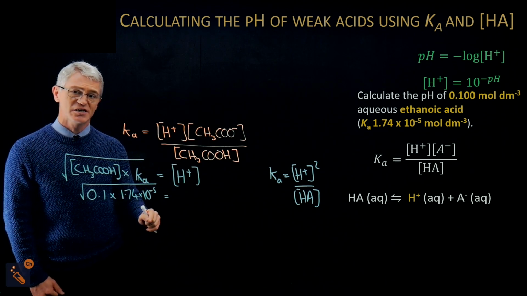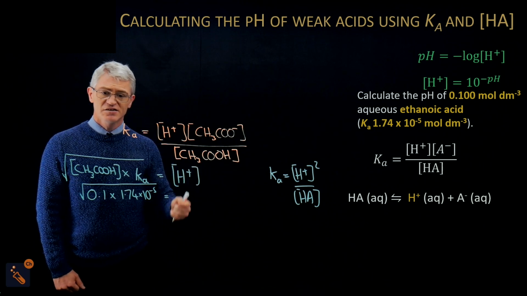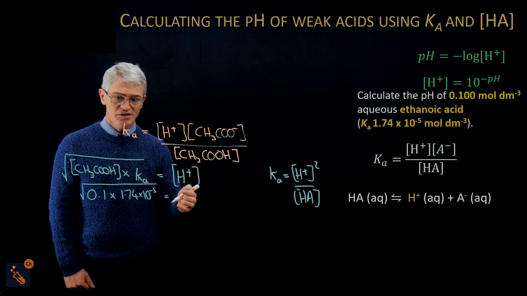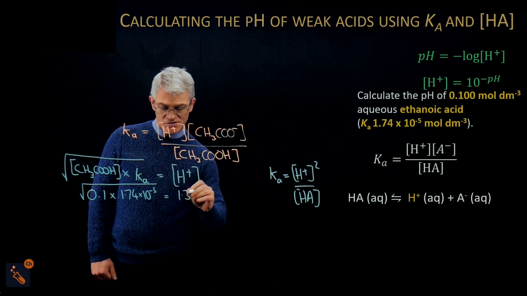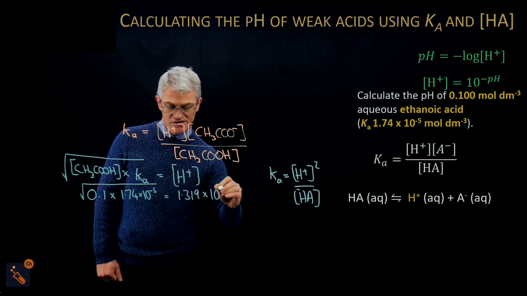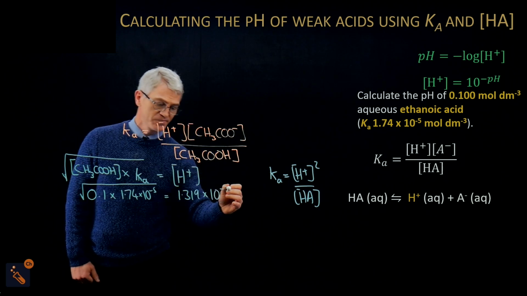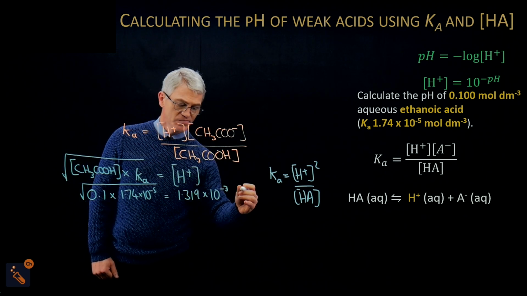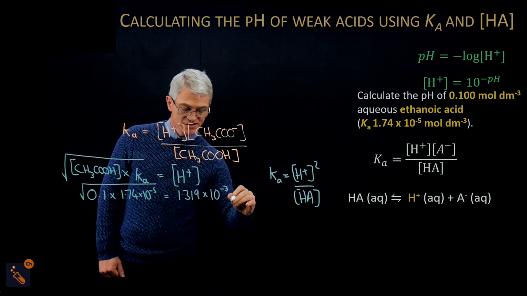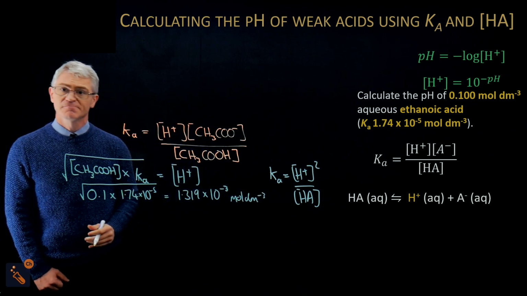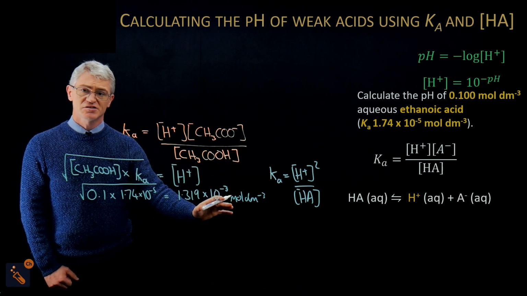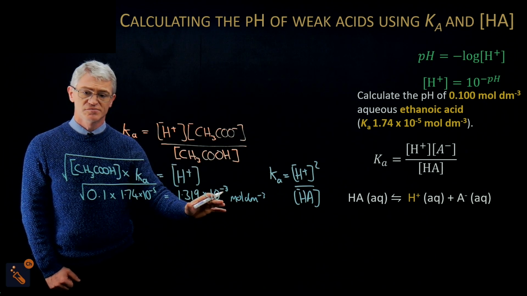And that will equal our H plus, which is here. So our H plus, when we do it, is going to be 1.319 times 10 to the minus 3, and that is in moles per decimeter cubed. So that's our hydrogen ion concentration.